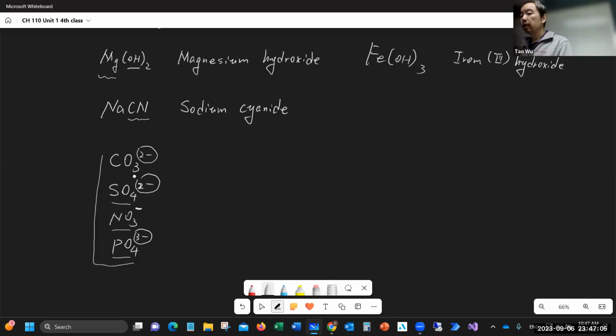So you see, this group of polyatomic ions always has a non-metal first, and then oxygen later, with multiple oxygens. We call this one group of polyatomic ions the oxyanions. Typically, oxyanions have special names.